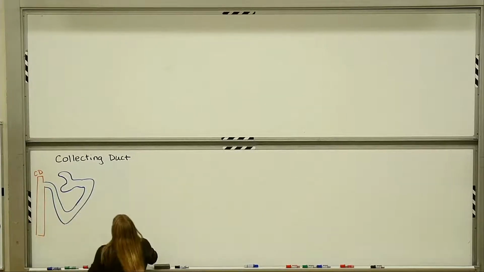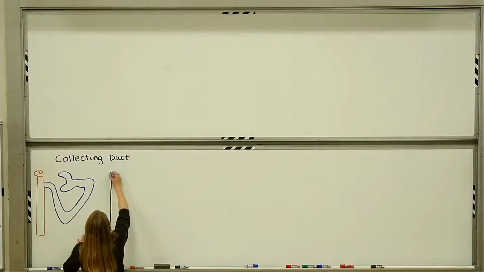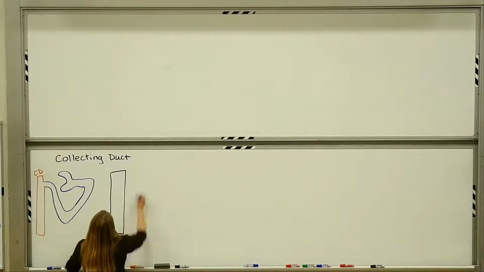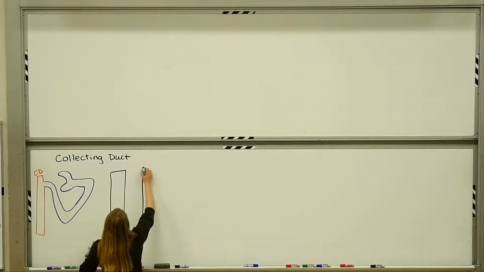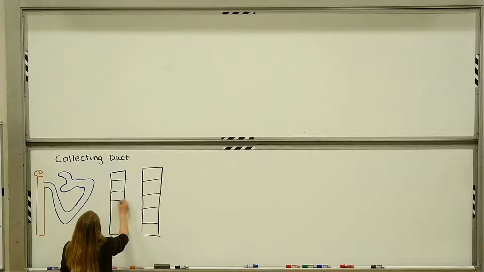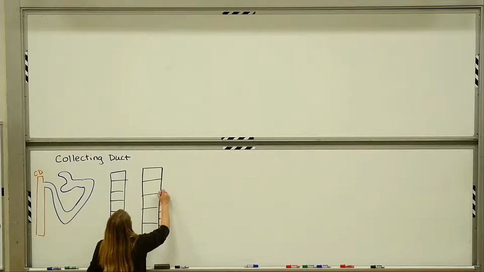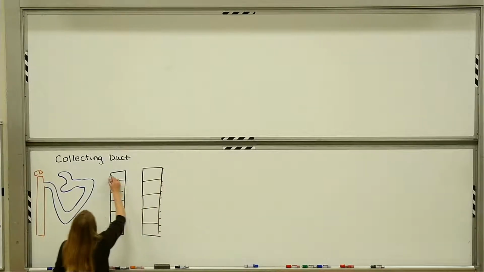So if I draw this out here, it's going to look just like every part of the nephron that we drew. It's going to have a single layer of this epithelium. We can orient it. We'll have a basilar side sitting on a basal lamina.